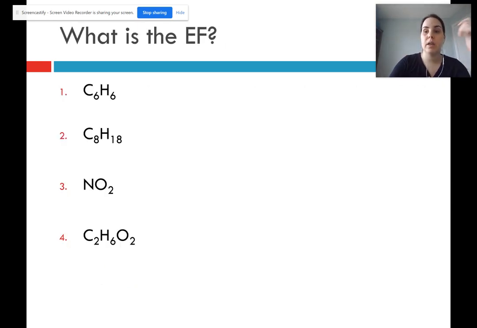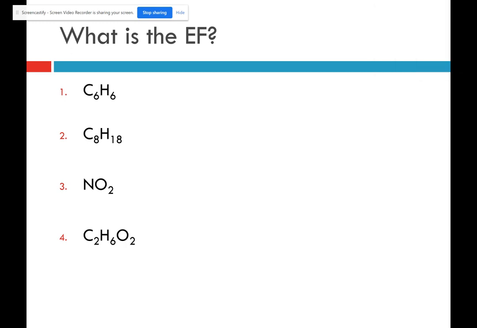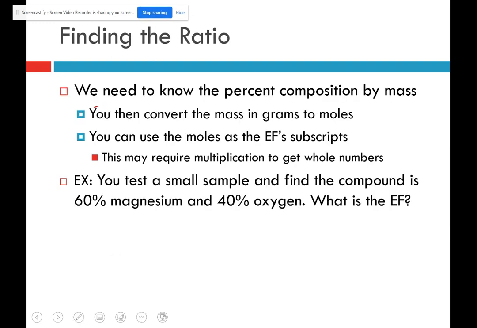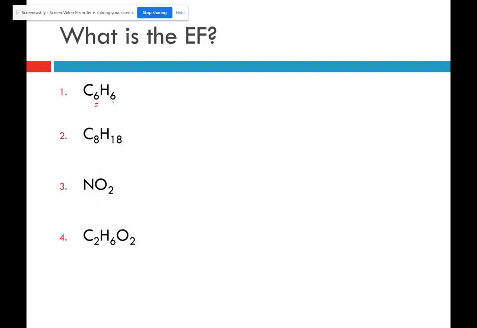Okay, so let's take a look. I'm going to make myself disappear here so that we can do the calculations together. If these are our given molecular formulas, what would our empirical formulas be? Now, we have a 6 here and we have a 6 here. So if we reduce 6 and 6, the empirical formula is going to be CH, okay?